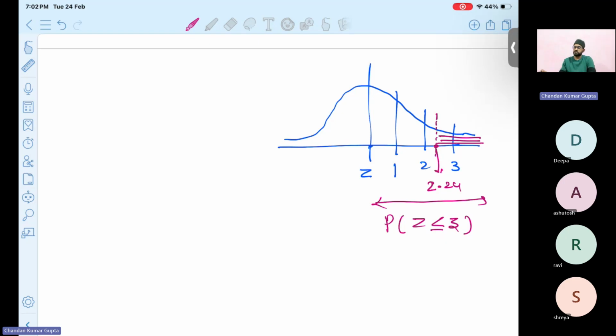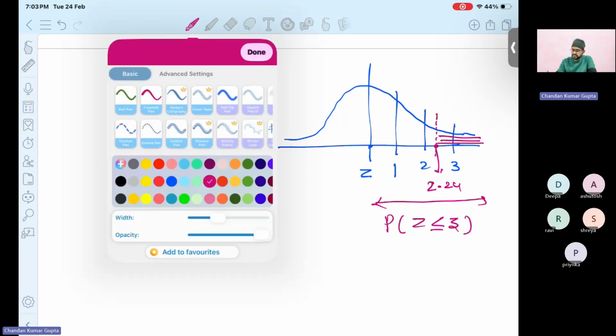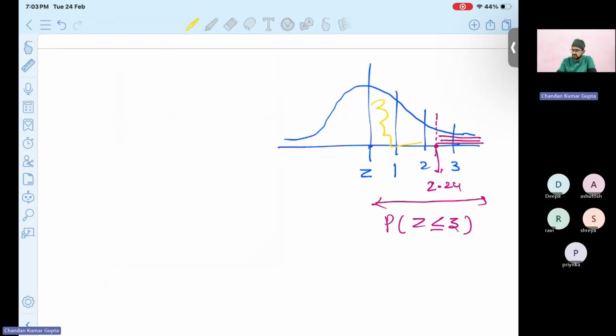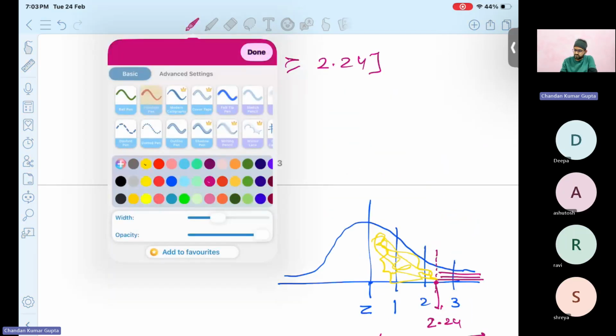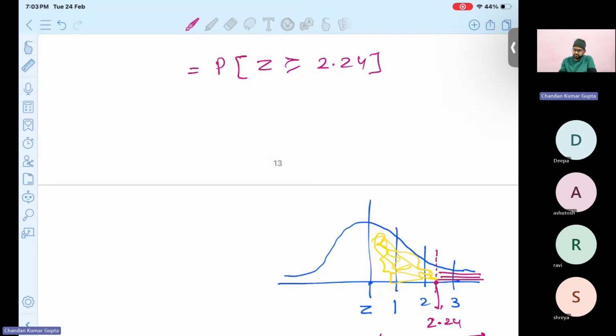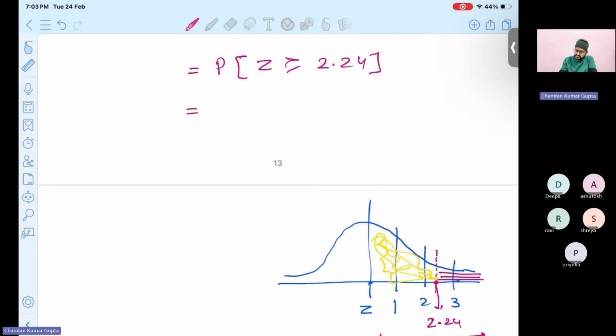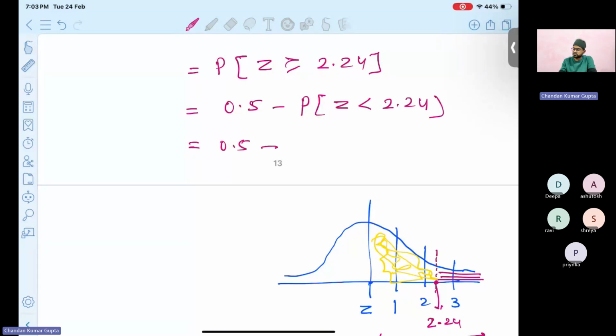So first from the table, we calculate the area for these, and then subtract from the half. That is our required answer in this scenario. So this can be written as 0.5 minus the probability that Z is less than 2.24.